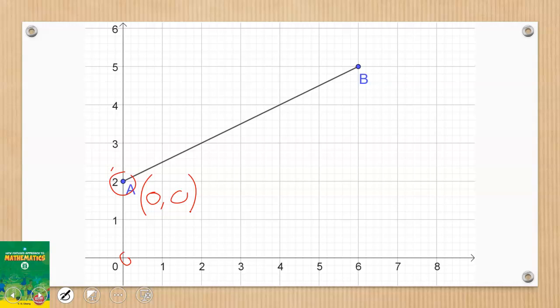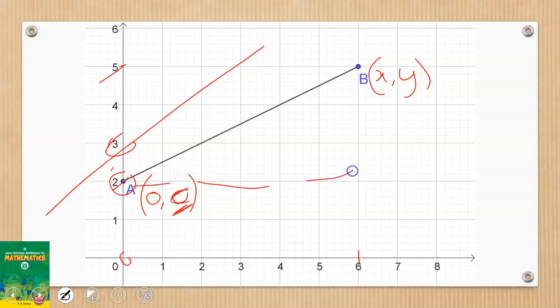Now, anytime you draw a line, where the line passes through becomes our y-intercept. So here it's passing through 2. I should have put 2 here, but I want to call it c for now because I want to generalize it. Then the point here, we're supposed to have 6 against 5. I want to call it x, y. It can be some value of x and some value of y.